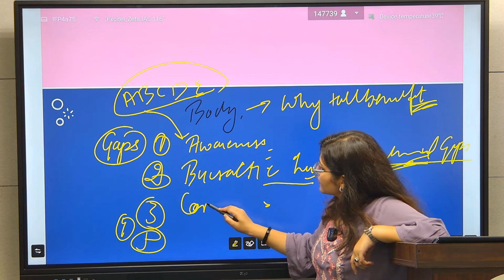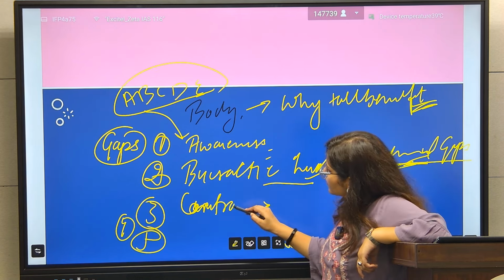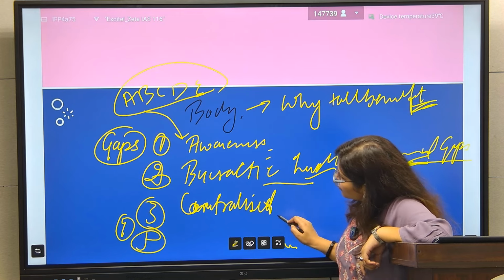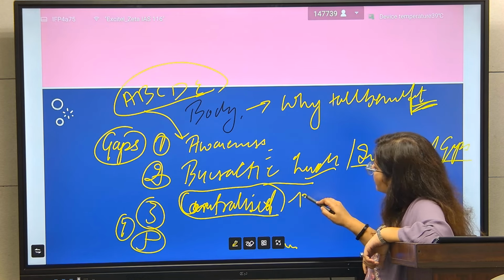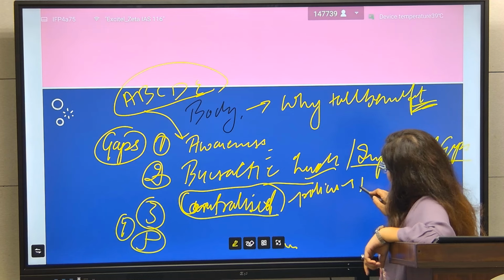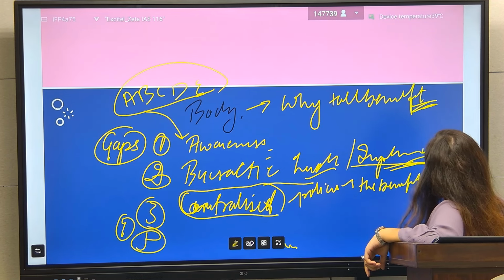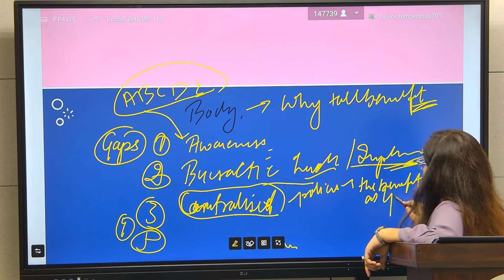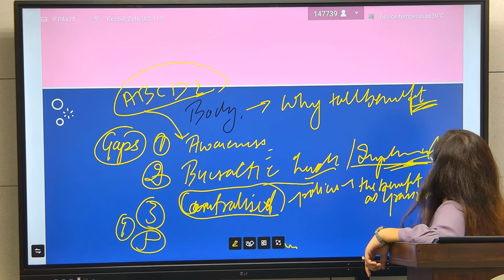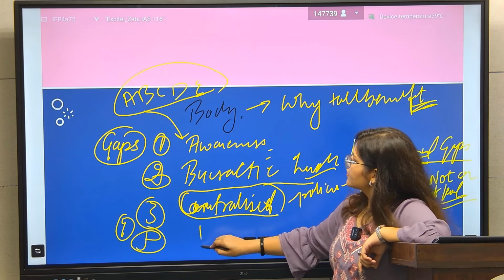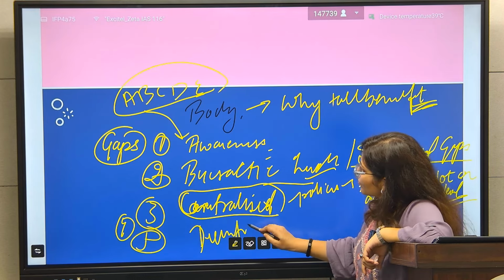C is centralization. Due to centralized policy, the benefit does not reach the grassroots levels. D is decentralization also.